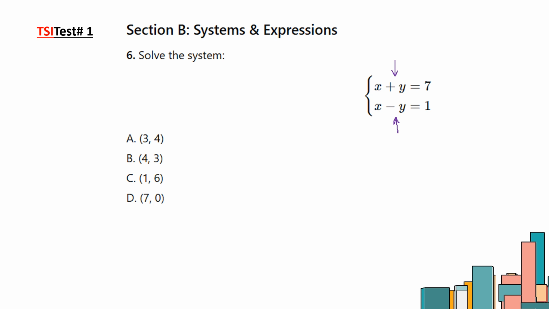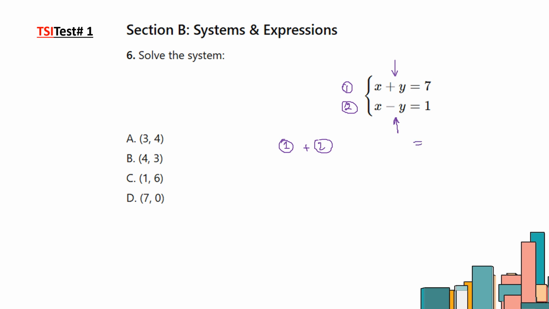So you can add them up using elimination to eliminate y. This is the first equation, this is the second equation. We take the first equation and add the second equation, left hand side to left hand side, equal right hand side to right hand side.